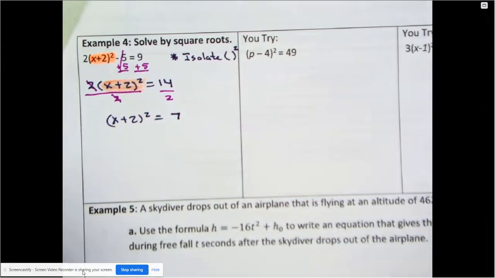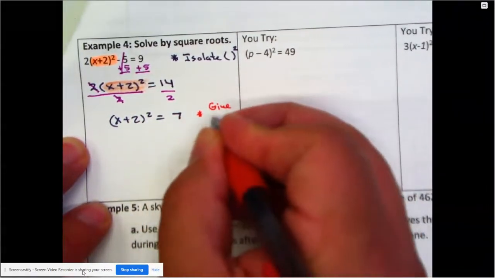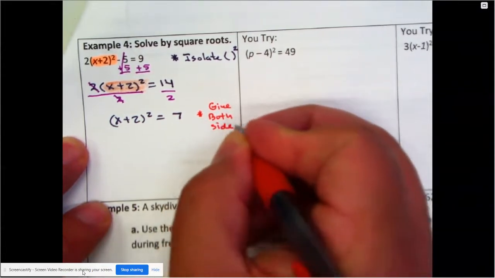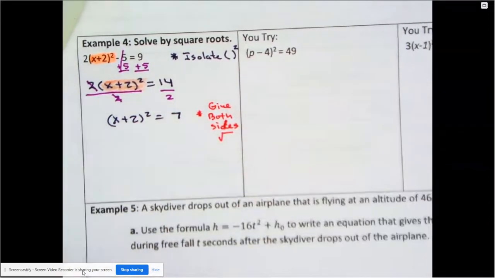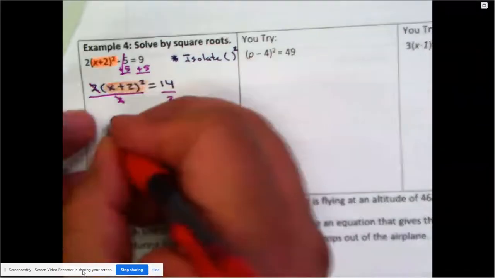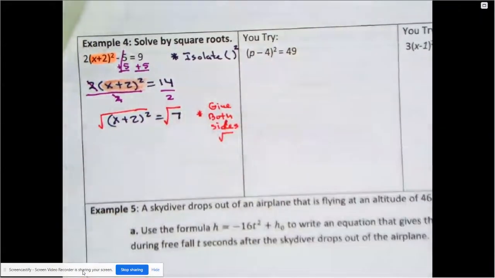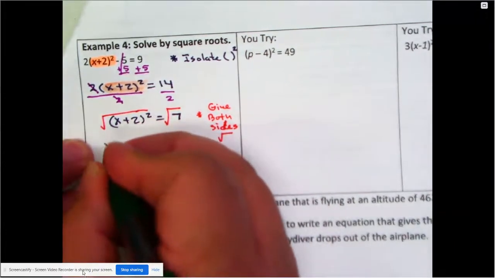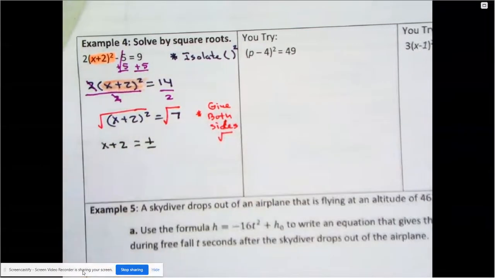This is when we can finally tell ourselves, right, now I'm going to give both sides the square root. So I'll give it to this side here, and then I'll give it to this side here. But just like the last problem we did before, yes, I end up with x plus 2, but on this side, here comes that plus or minus, just like you saw previously.